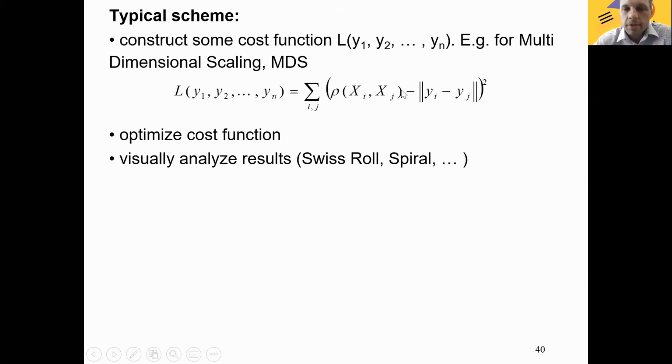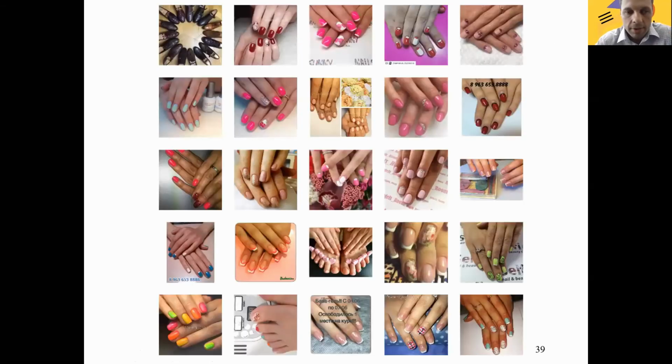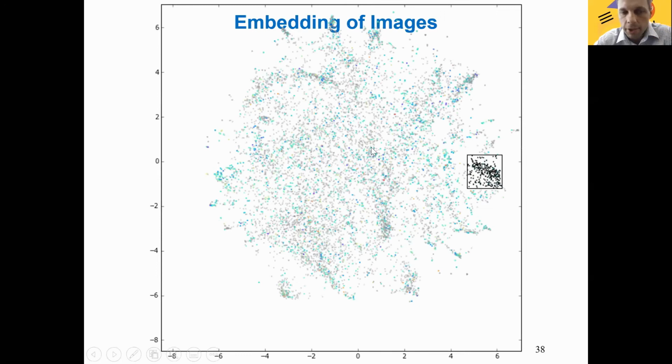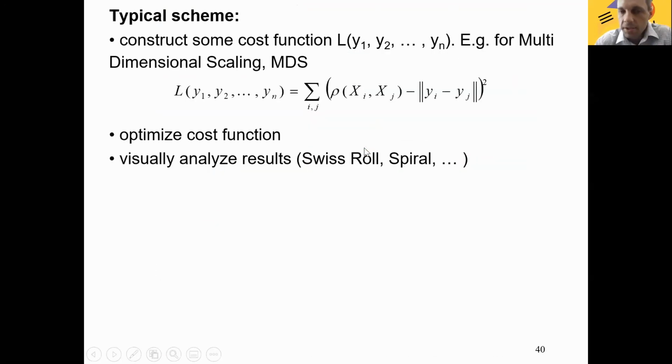And in this way, we can get this two-dimensional projection with this interesting property. What is important is that we can visualize images by using two-dimensional points, and at the same time we keep semantic relations between images.